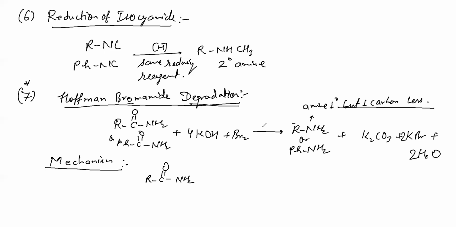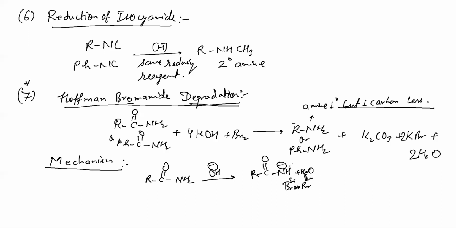First of all, RCONH2 reacts with KOH. KOH means base. Let me write it as OH minus. So first of all, you get RCONH minus plus H2O. Now you are using Br2 here. This negative nitrogen polarizes your Br2 and delta minus and delta plus are generated, just like we generated in alkene.